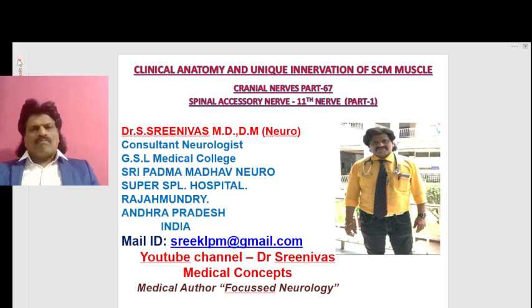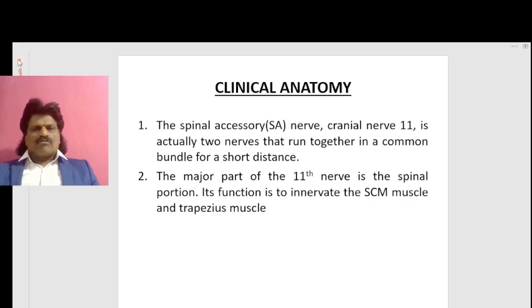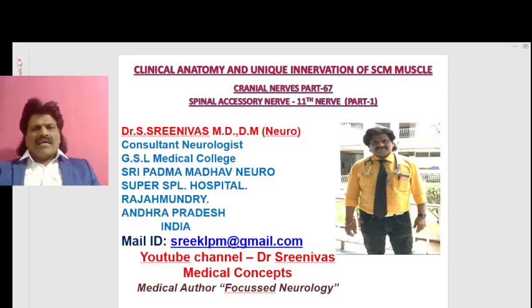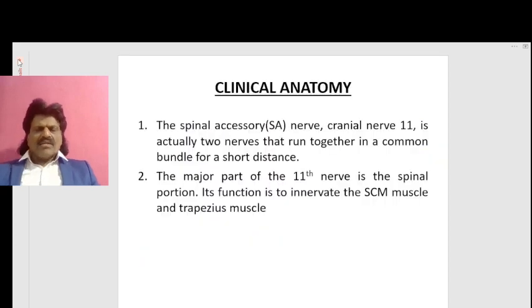Today we are going to talk about a very interesting topic, the clinical anatomy and the unique innervation of the sternocleidomastoid muscles, cranial nerves part 67 and spinal accessory nerve, that is the 11th cranial nerve part 1. First, let's talk about the clinical anatomy of the 11th nerve and then the unique innervation of the sternocleidomastoid muscle.